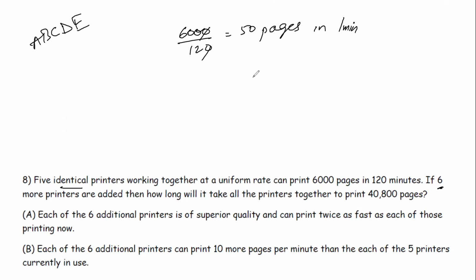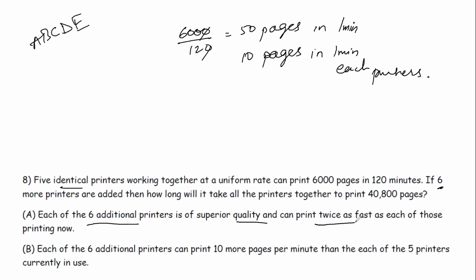Now remember, these are 5 printers doing 50 pages, identical ones at a uniform rate. So clearly it will be 10 pages if we divide 50 by 5. So 10 pages in 1 minute, right? For each of the 5 printers. Now each of the 6 additional printers can print twice as fast, so they can do 20 pages in 1 minute, right? Each of the 6 printers.